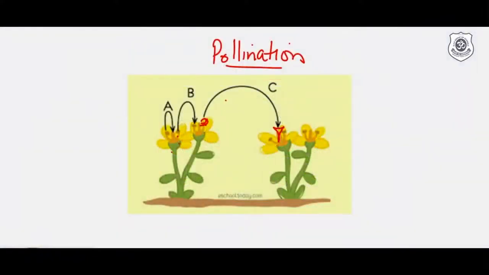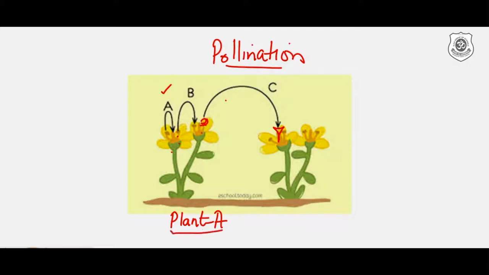I will say this is plant A. So if you imagine only one plant, plant A, the pollen grains are moving from the anther to the stigma of the same flower. The second one, pollen grains are moving from the anther to the stigma of another flower of the same plant. The plant is plant A.